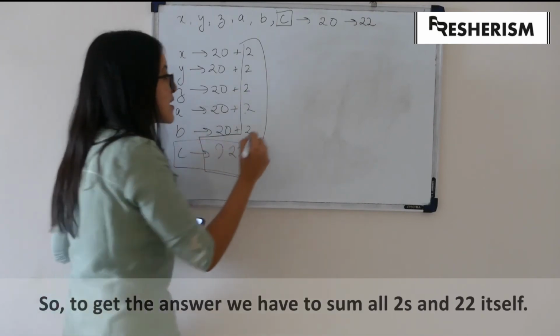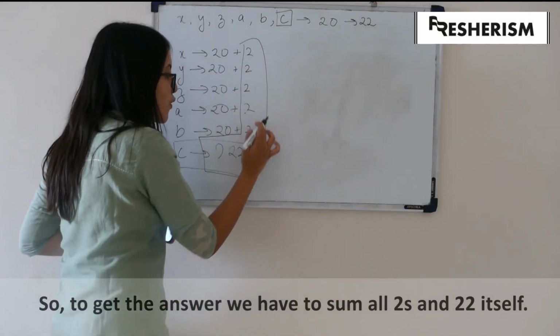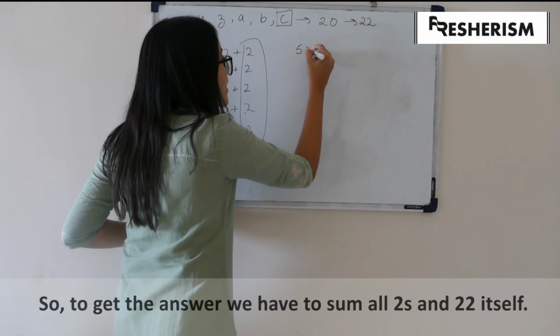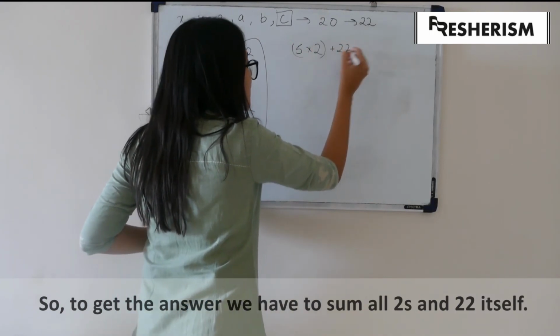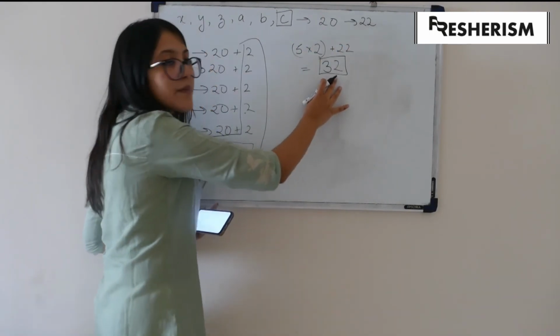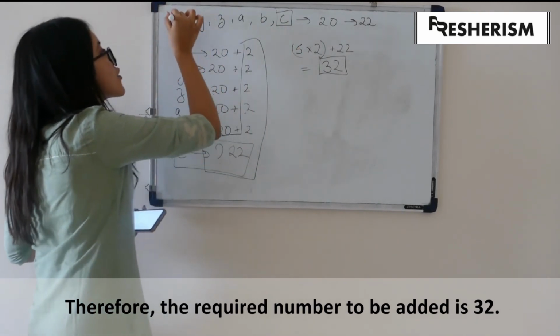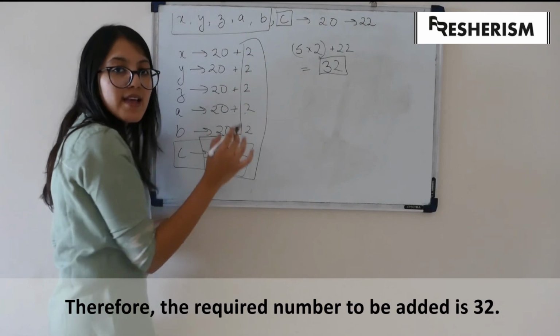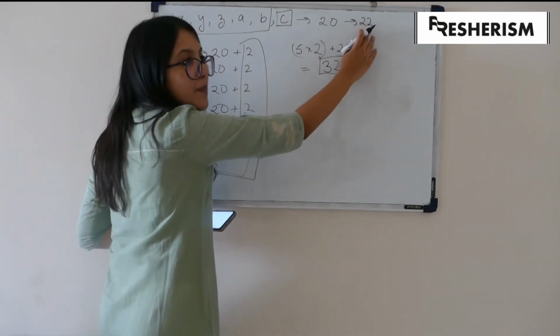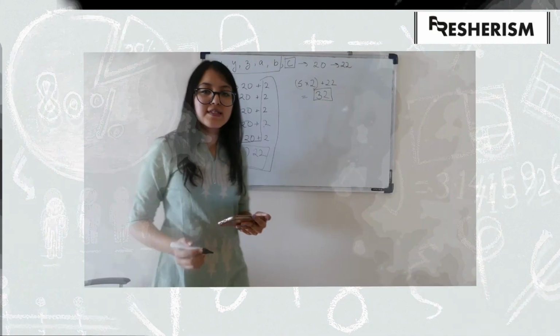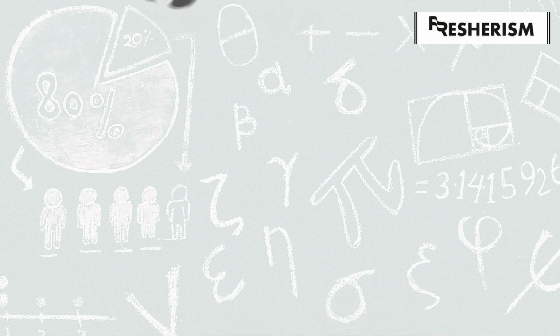This is 1, 2, 3, 4, 5. Hence, 5 into 2 plus 22. Therefore, 32 will be our 6th number. If we put this number in this group of data, then the average will increase by 2.